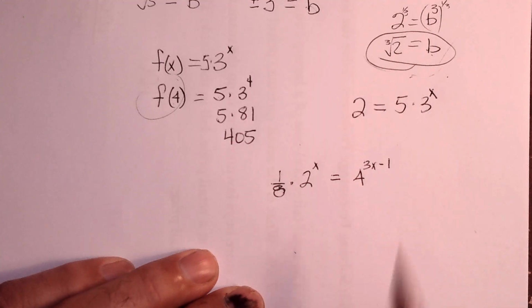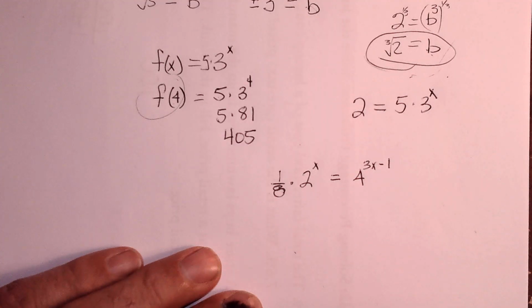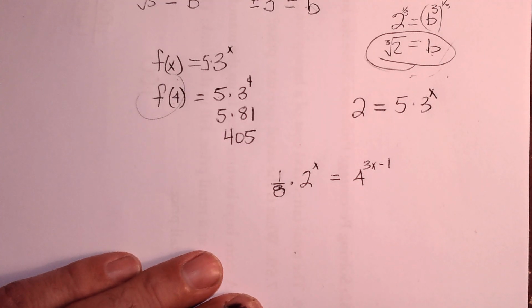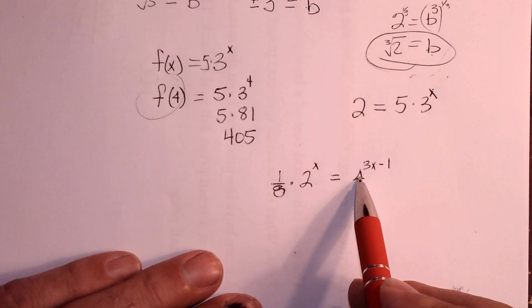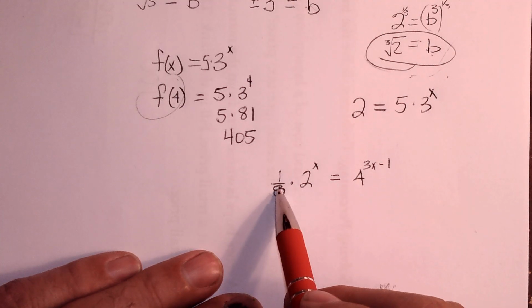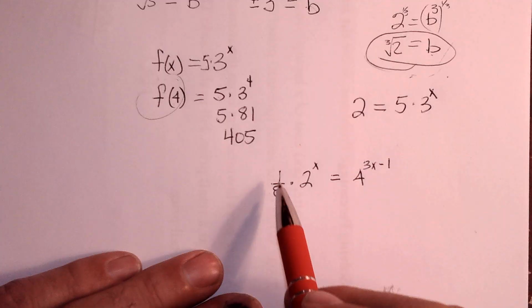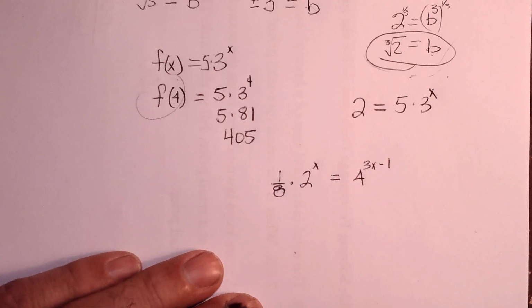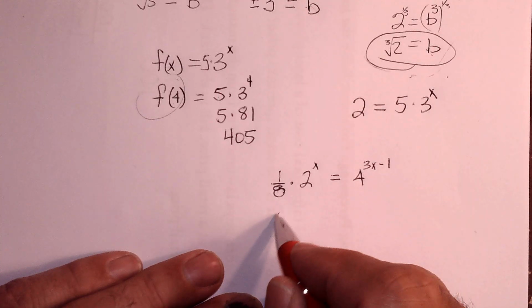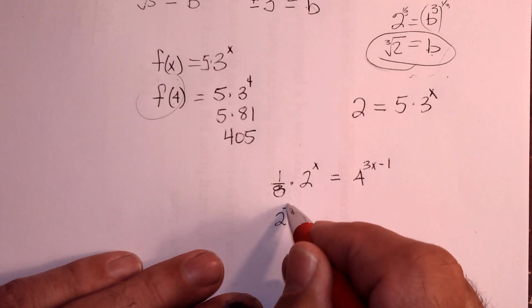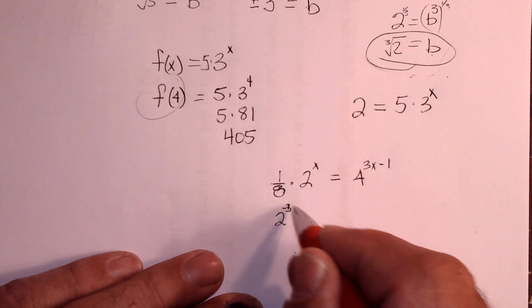How do we solve for x? Well, we like to go to a common base. 4 is 2 squared. 8 is 2 to the 3rd. These all could be written as powers of 2. 1/8 is 2 to the minus 3.